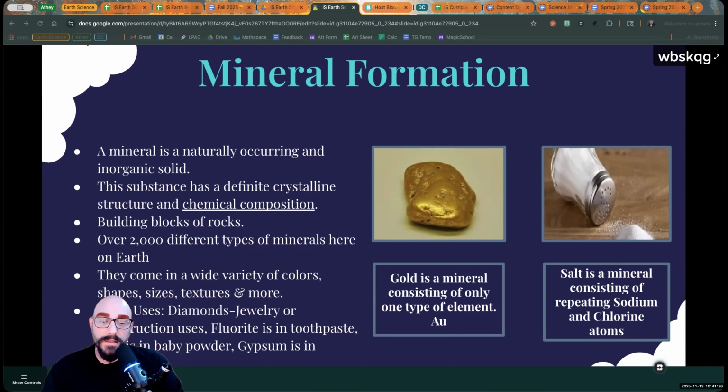That means I can zoom in and those atoms are going to be in very specific locations related to each other every time. It's going to form very specific shapes. On an atomic level, we see lots and lots of minerals out there in nature. So let's see if we can identify some minerals.